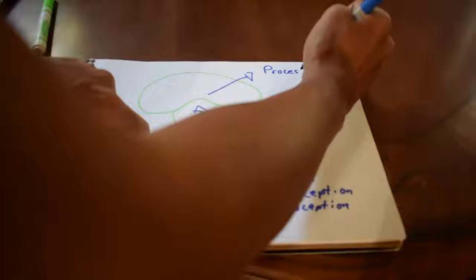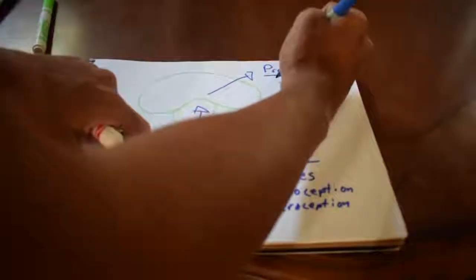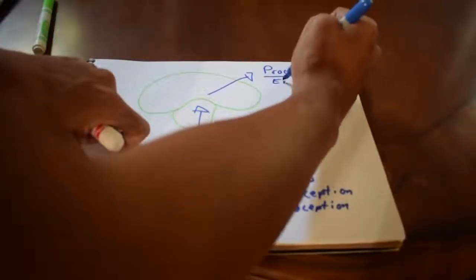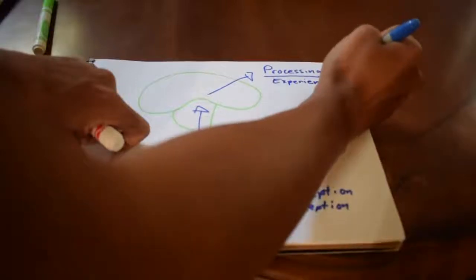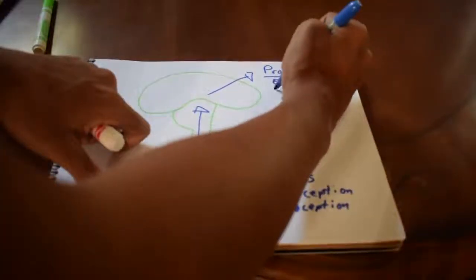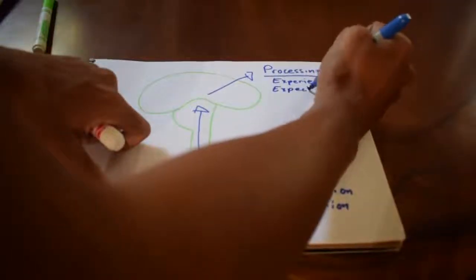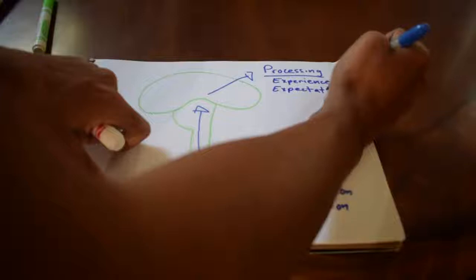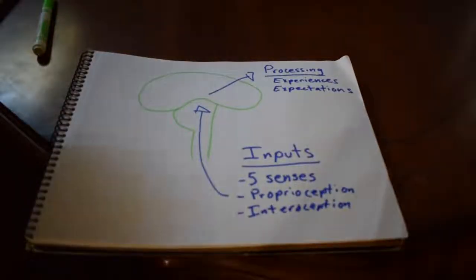And the way it processes it, if you remember back to the past picture, it's through past experiences, right? It's through past expectations. So essentially everyone has a certain filter, or lens, through which they process these inputs. That's why people will have different reactions to different events, because it all gets filtered through their own specific lens.